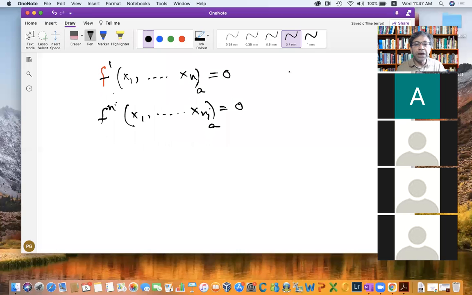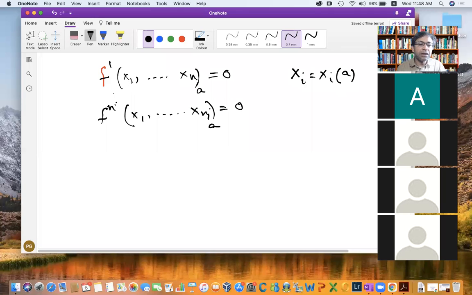For a given value of parameters, there are solutions. For a given vector of parameters, each ith variable will take this value. So this is the solution to the system of equations, all right?